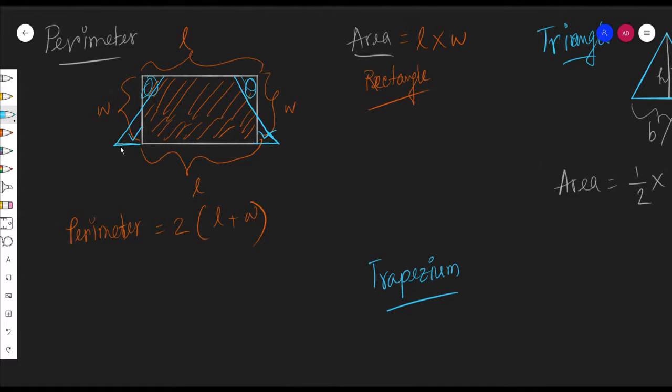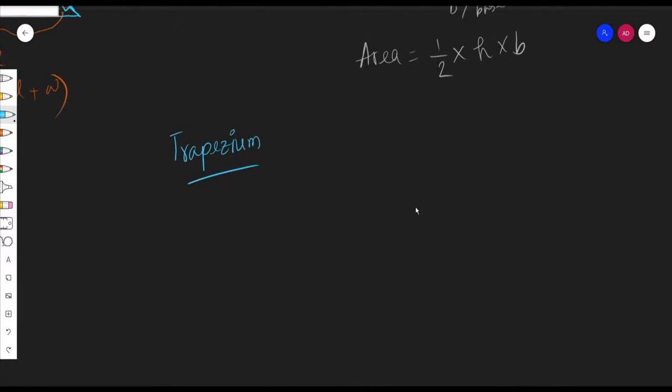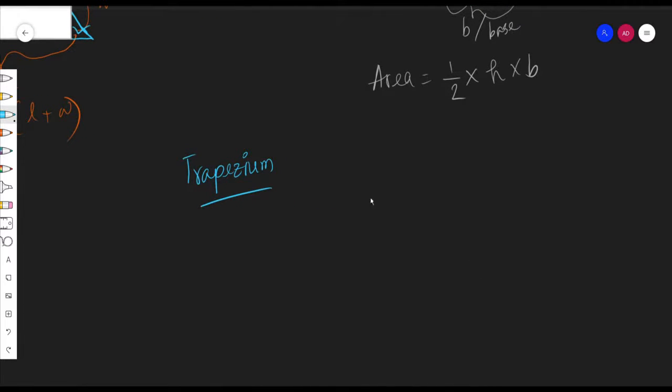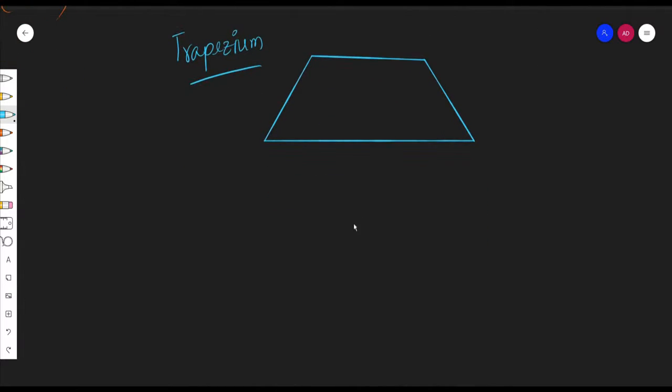This will be the total base of a trapezium. For this shape, this one is the base, and this one is the top side, and this single thing is the height.